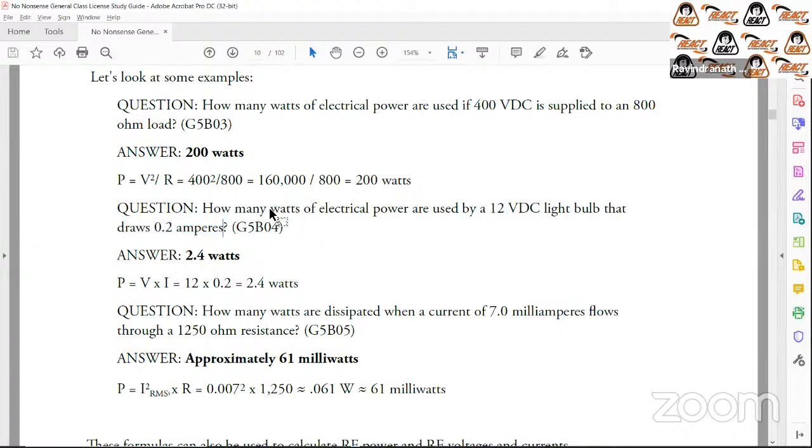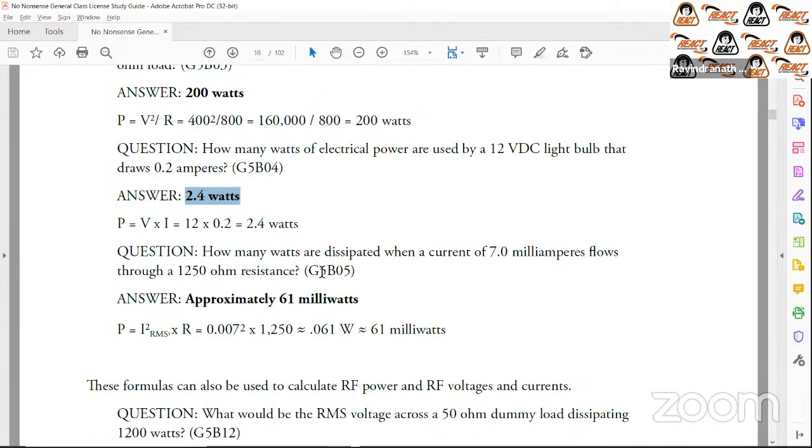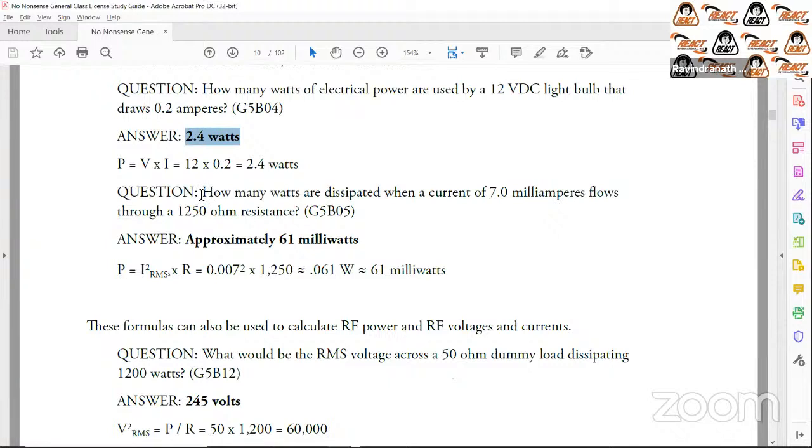So we need a power formula that says power is equal to something in terms of voltage and current. And we know that power formula is P is equal to V multiplied by I. So we apply that formula, and we end up with 2.4 watts. Again, this was a worked example in last class. Please review if it's not clear how we got from the question to the answer.